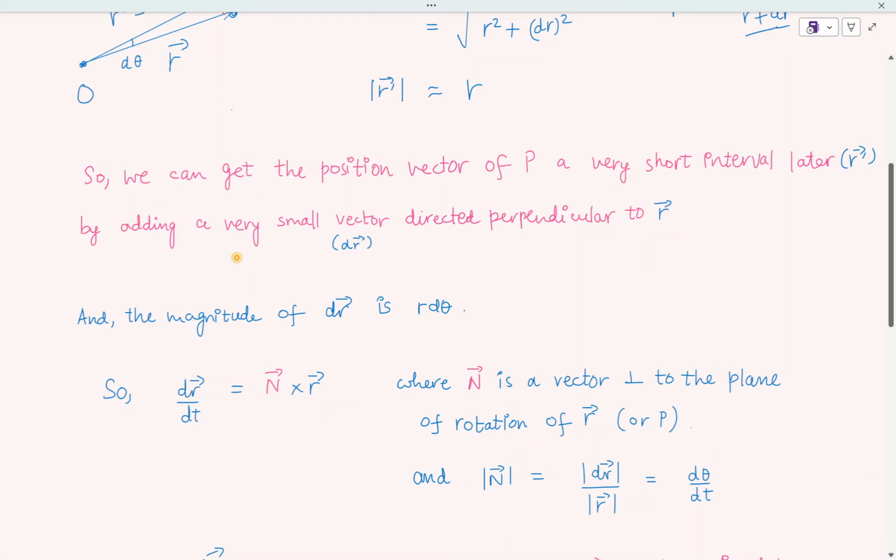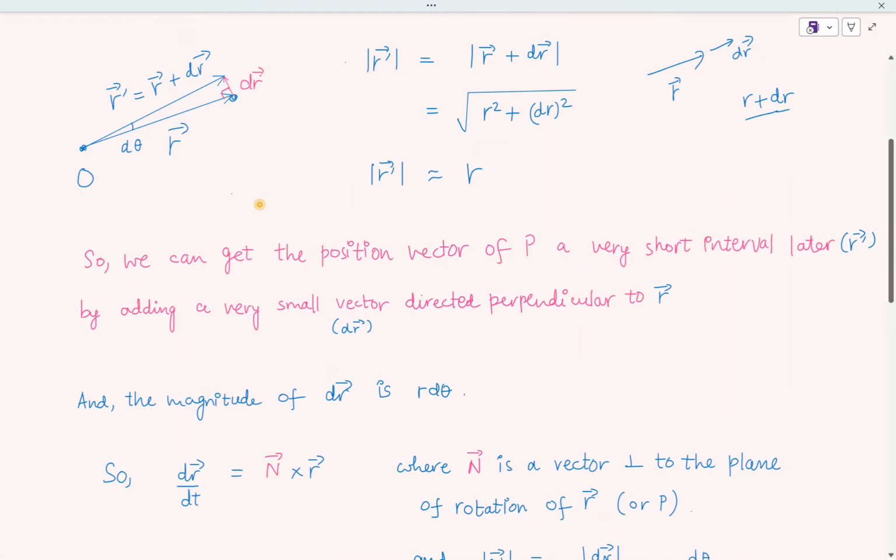So if I divide by dt, right, if I write dr by dt, basically I want to write the instantaneous velocity of P, and dr is the displacement of P. What is the meaning of dr?